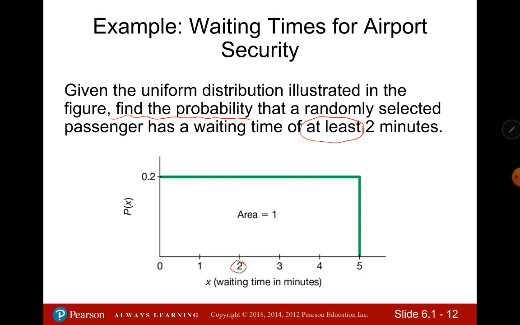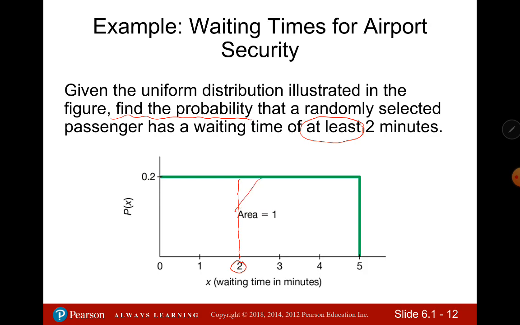First, we locate 2 minutes. The first step is to locate the value, right? The second step, we set our bar here. After that, we should determine the area, the direction. At least means it's 2 or more, greater than or equal to 2.